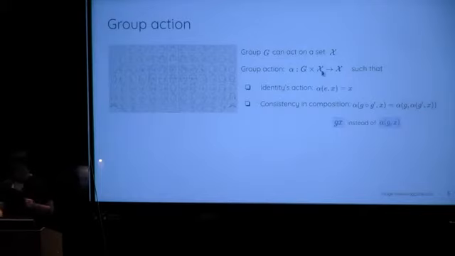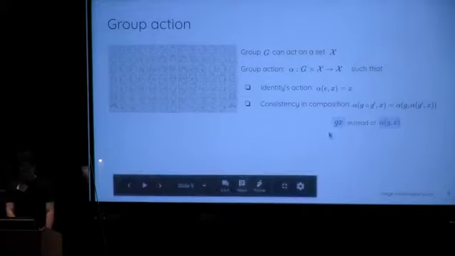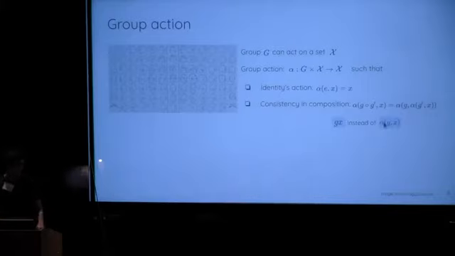So in our example, if I was rotating this twice, corresponding to the two consecutive actions, the composition of the actions should be the same as if I was giving you the rotation that was the composition of the rotations, that is, rotate by 90 degrees. So the notation that I'll use moving forward is that instead of this alpha, I'll write gx, meaning that g is acting on x rather than having this function. But you should think of it as having this function defined.